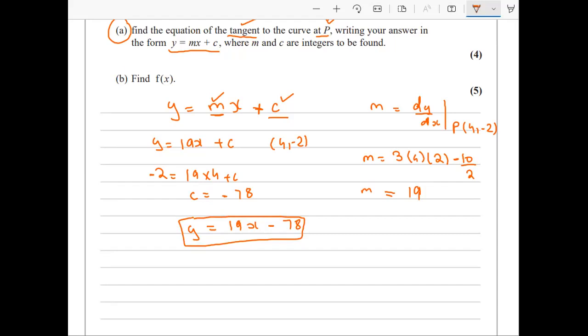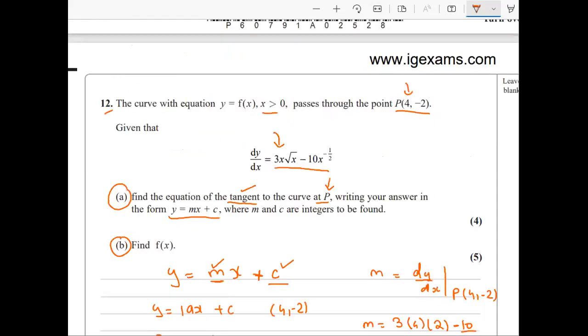And the next question is find f of x. So how do we find f of x, Mikal? Integrate. Very good. Whenever we integrate the derivative with respect to x on both sides, this will give us y, and this we need to solve. Okay, so let's integrate this.